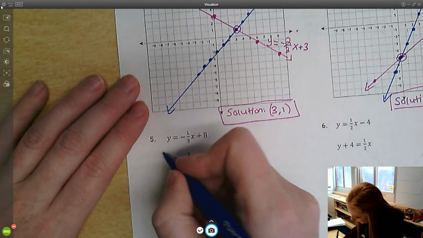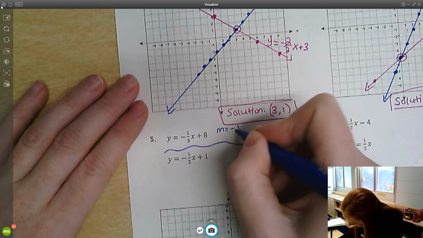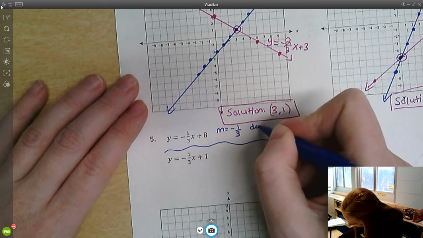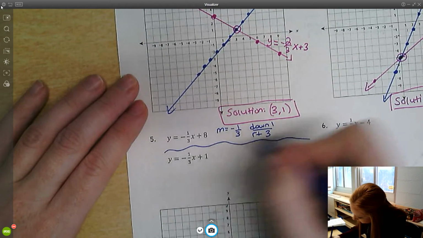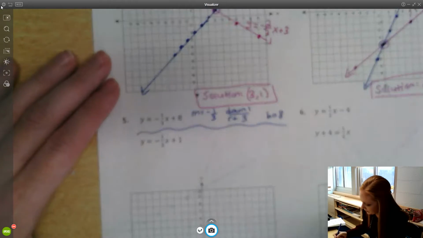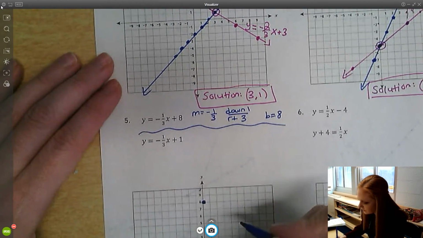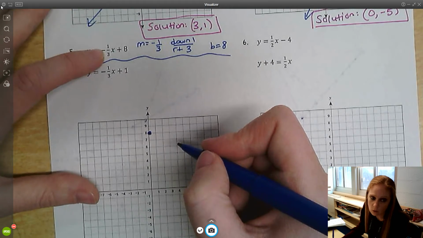So y equals -1/3 x plus 8. Our m is -1/3, so we're going to be going down 1, right 3, and our b is 8. So I'm going to begin at 8 on the y-axis, and then I'm going to move, think m stands for move, down 1, right 3.